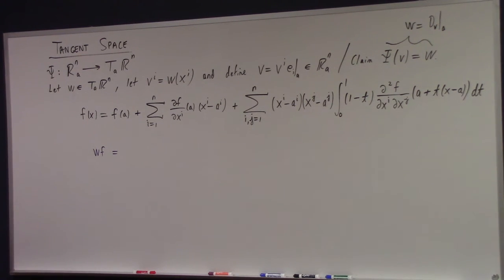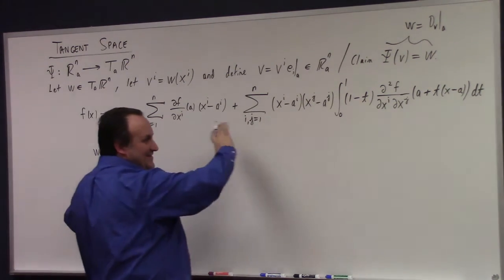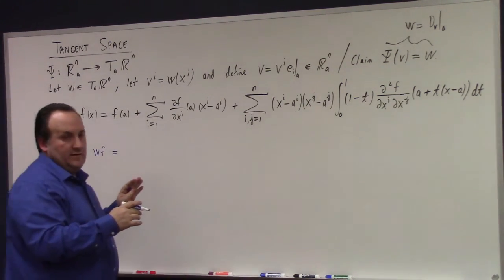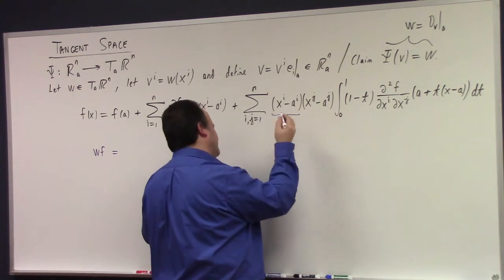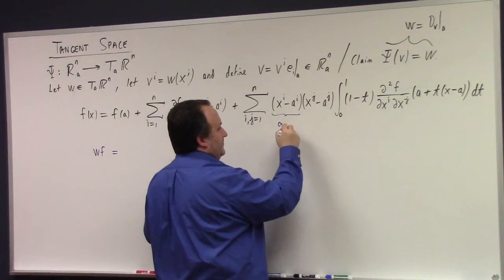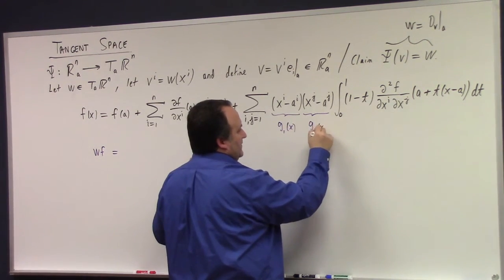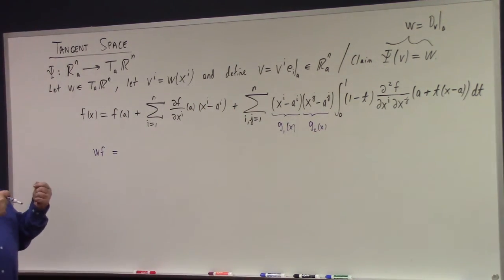Okay. So w of f, right? It's w of all of this. But some really cool stuff happens, right? Check it out. This right here, let's think of this as like G1 of x. Let's think of this as like a G2 of x for the sake of discussion. What happens when you plug in a into those? It's 0, right?